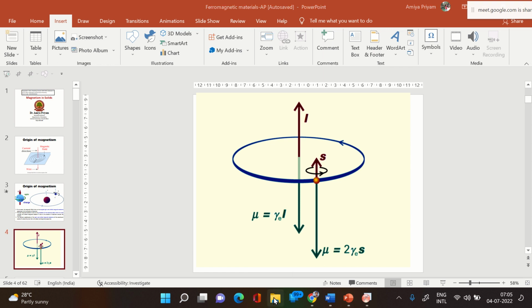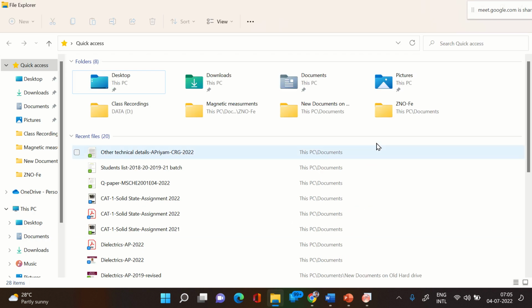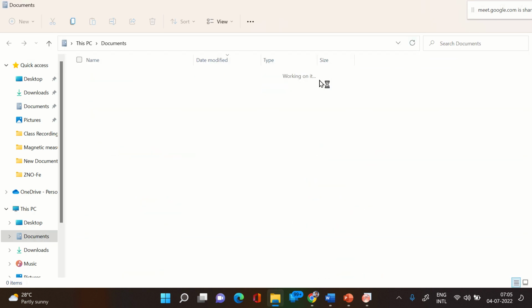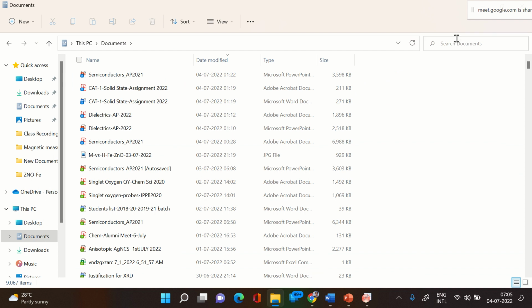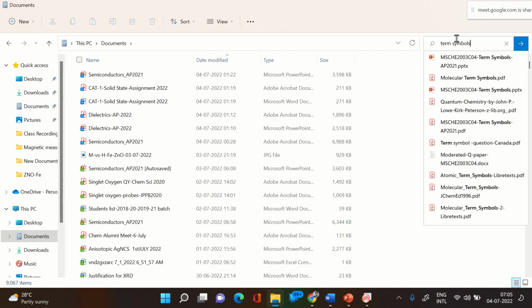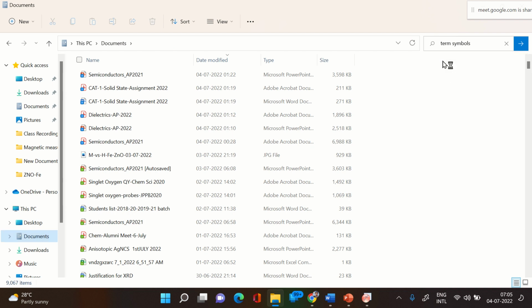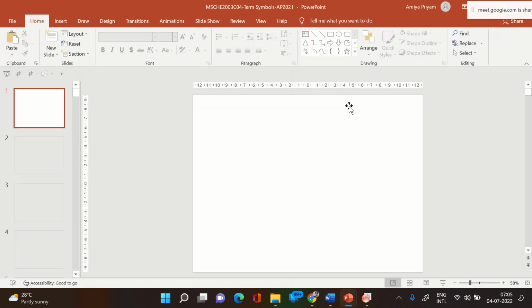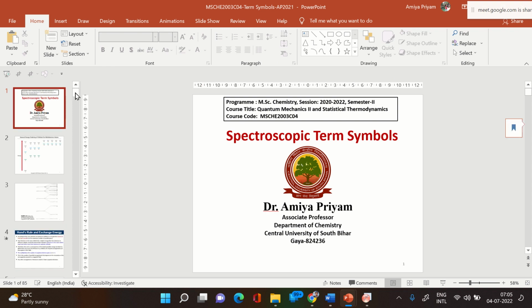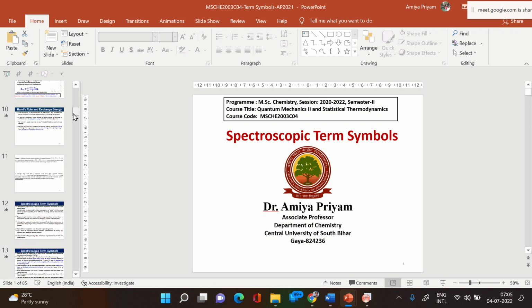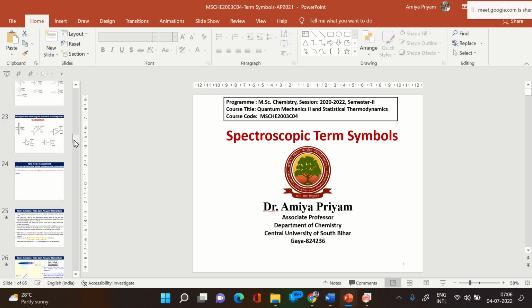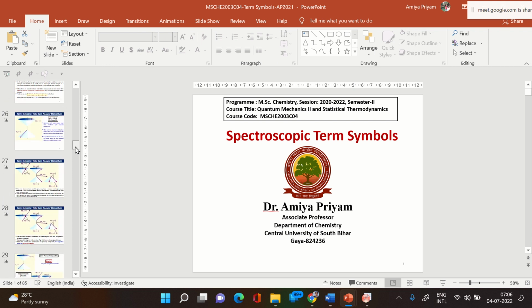Recently I gave you this in the context of term symbols. All these things are interrelated, so you don't have to forget one thing.